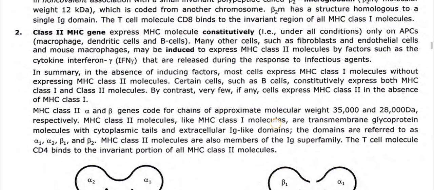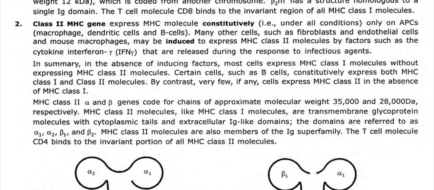Class 2 MHC gene expresses MHC molecules constitutively under all conditions only on APCs: macrophages, dendritic cells and B cells. Many other cells such as fibroblasts and endothelial cells and mouse macrophages may be induced to express MHC class 2 molecules by factors such as the cytokine interferon gamma that are released during the response to infectious agents.